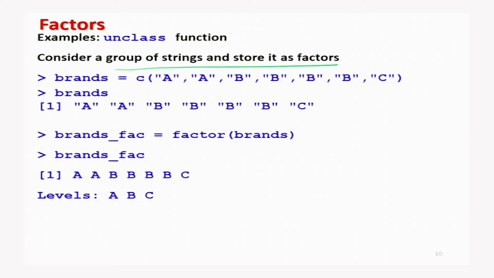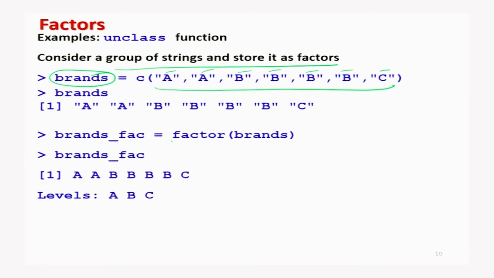So, let us suppose there are 3 brands of some clothings, and I categorize them as A, B, C, and the data on those brands is a character vector stored in the data vector, whose name I have given as brands. So, these brands are stored as A, B, B, B, B and C, right. Now I convert this brands into factor.